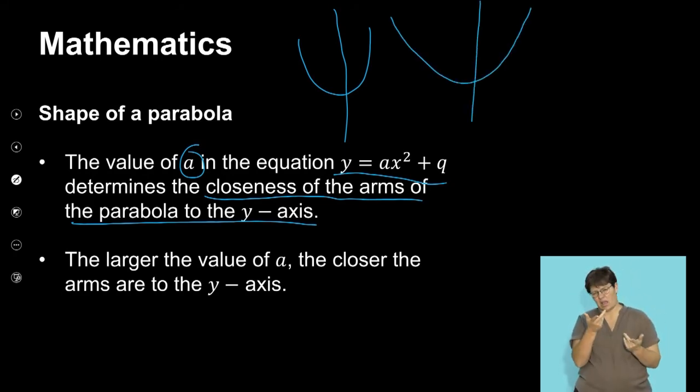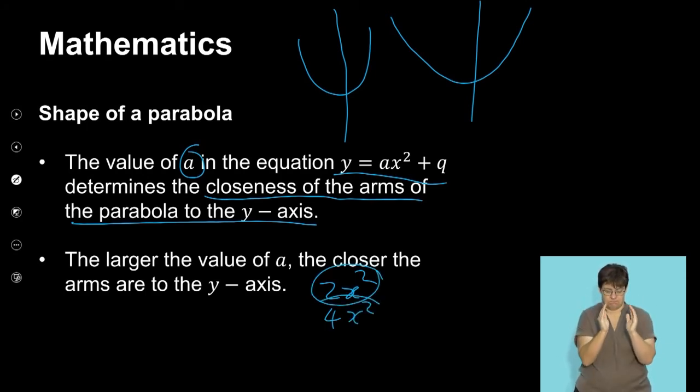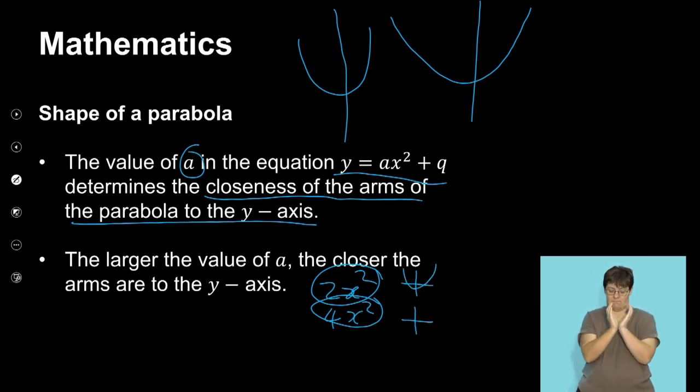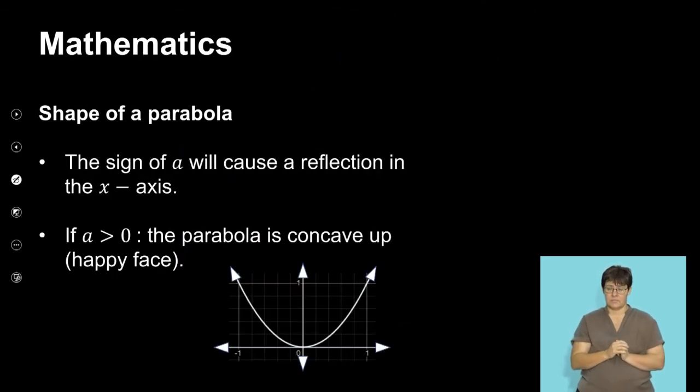I know I'm not drawing it to scale, but it gives you an idea of what we really mean. The larger the value, the closer the arms are to the y-axis. So if it's 2x squared compared to 4x squared, this will be a bit wider and this will be a bit close. So this will be maybe something of this nature, and then if it's 4, it will be a bit closer now to the y-axis. So the arms will be a bit close to the y-axis.